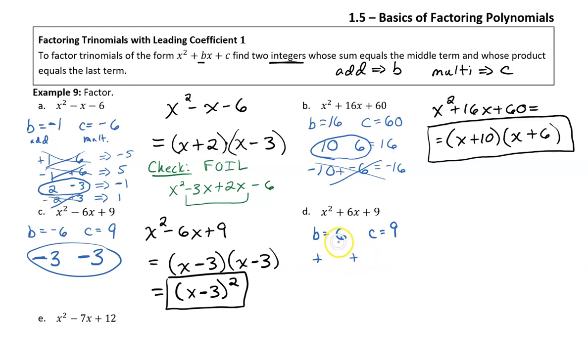Right? It's the only way to add to give you a positive if your multiplication is also positive. And then I'll think about the values. Multiply to give you 9, add to be 6. That looks to be 3, right? I gave the answer way too early. So they multiply to give you 9, and they add to be the 6. So we're good. Let's write out the factors.